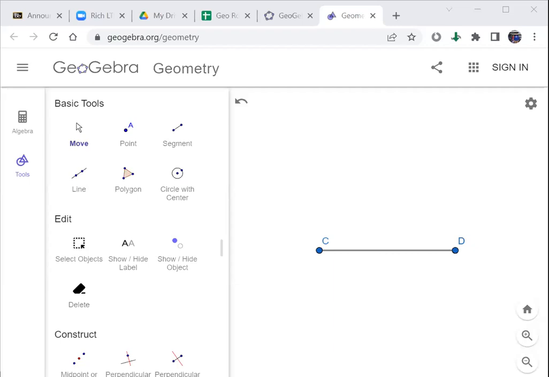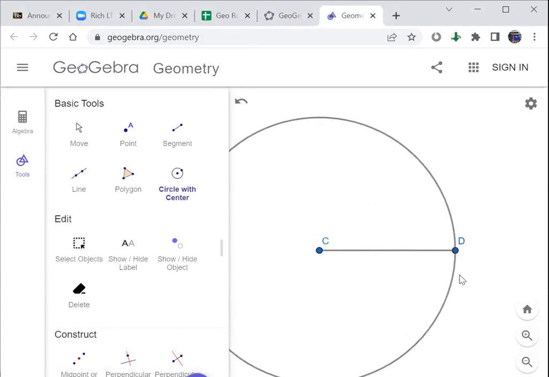But what we can do is determine particular lengths based off of construction techniques, right? We use circles. So what I can do here is draw a circle starting at C and going to D, and then a circle going from D to C, right?